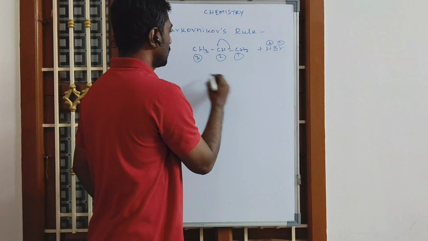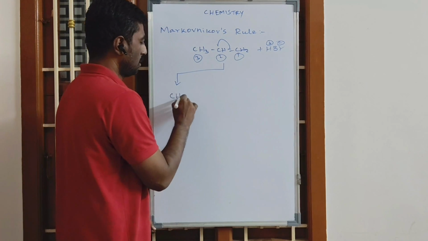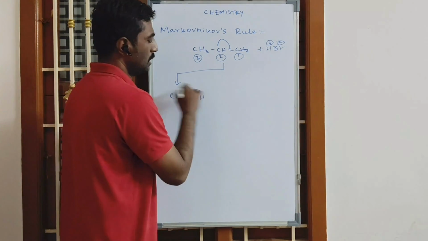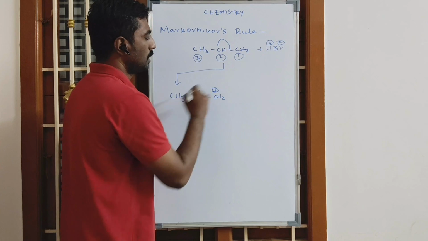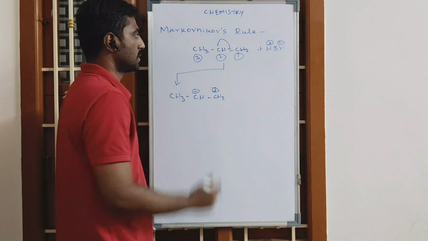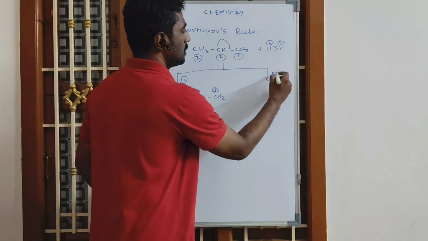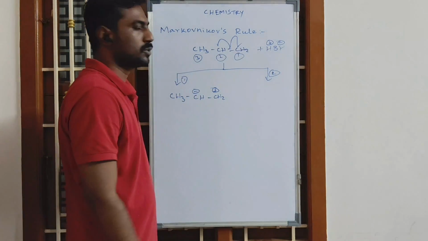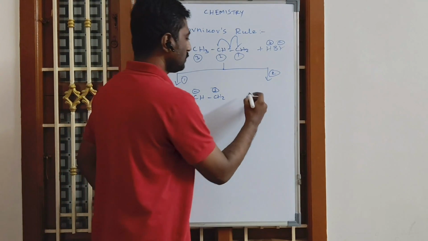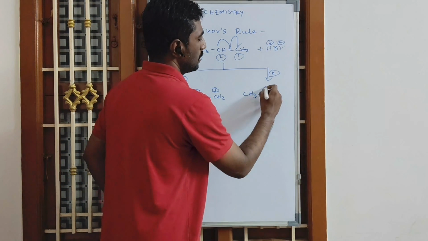The intermediates formed are CH3-CH minus, and the number 1 carbon becomes CH2+. In the second case, you consider this as number 1 and this as number 2. When the pi electron moves to number 1 carbon, the intermediate formed is CH3-CH+, CH2 minus.